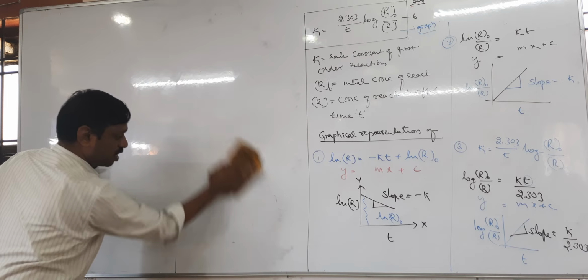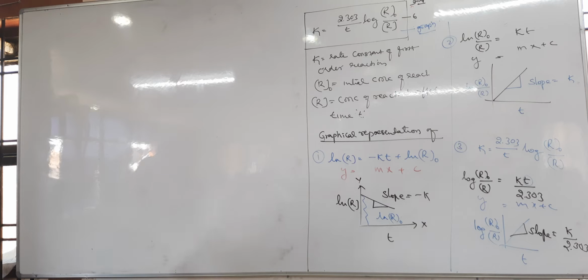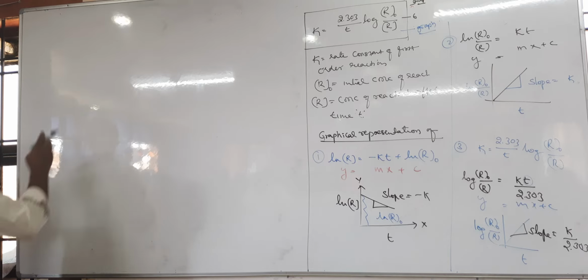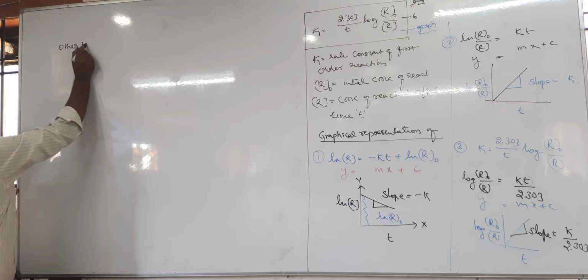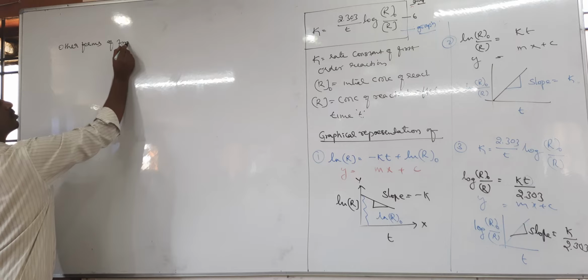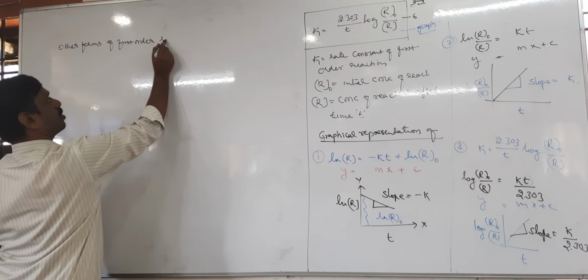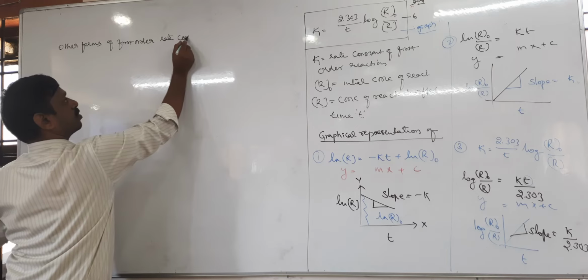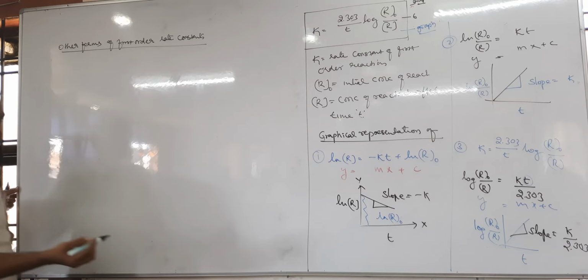Next is other forms of first order rate constant. So what are the other forms?